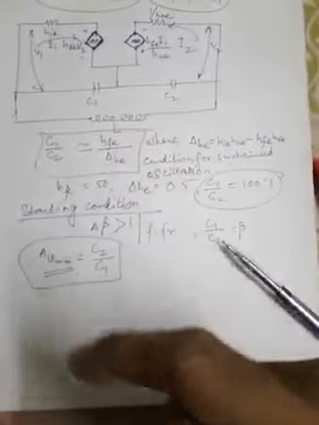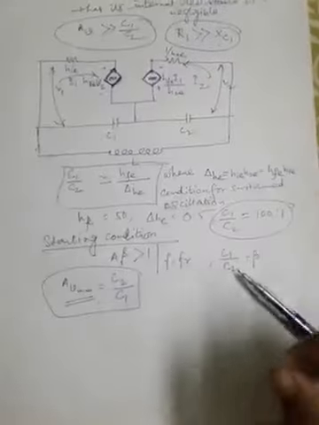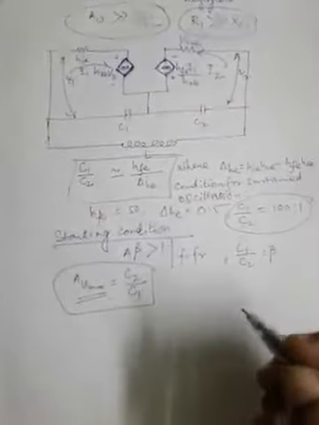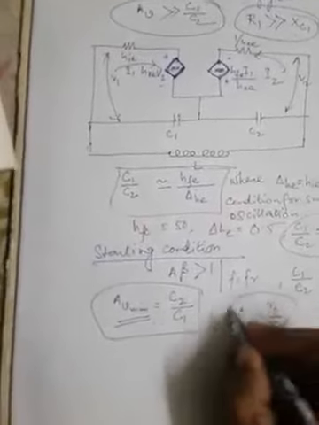There are also base and collector bypass circuits in BJT amplifiers, because we are using a BJT over here. If the cutoff frequencies of these bypass circuits are greater than the oscillation frequency, then A will be approximately equal to, as we have seen in other AC analysis of BJT amplifiers, RC by RE prime.